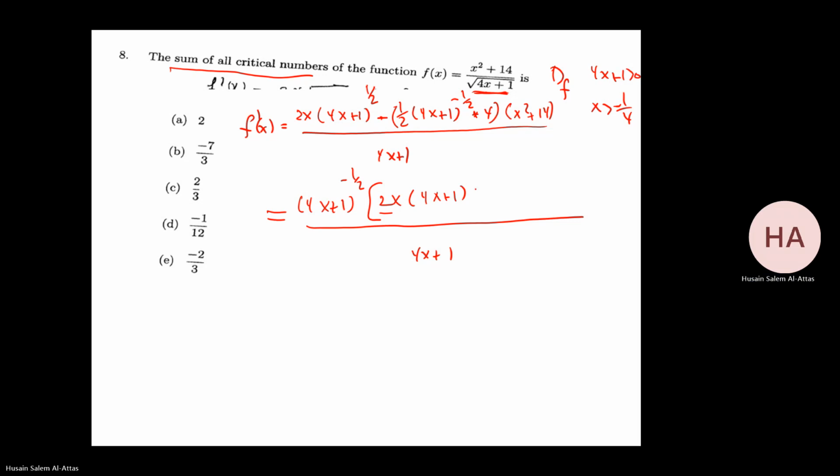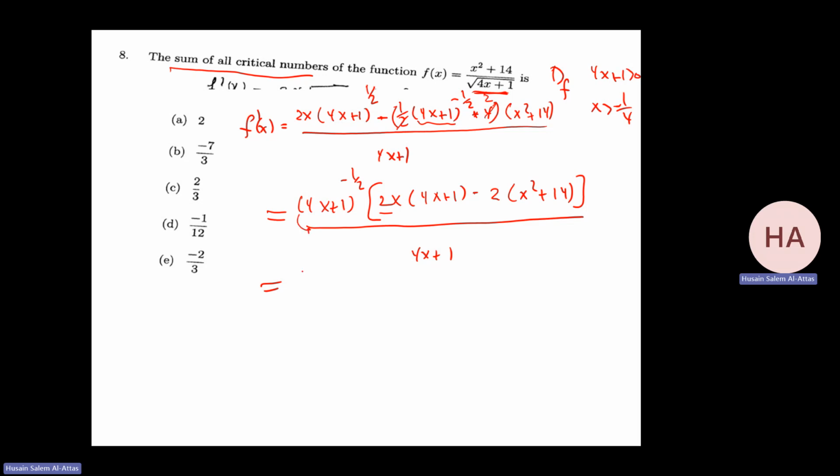Okay, minus. If I took this as common factor, be careful, 4 with 2 cancel, they have 2. So I have minus 2x squared plus 14. That gives me what? I can take this to the denominator.